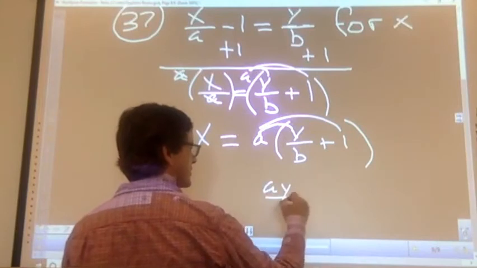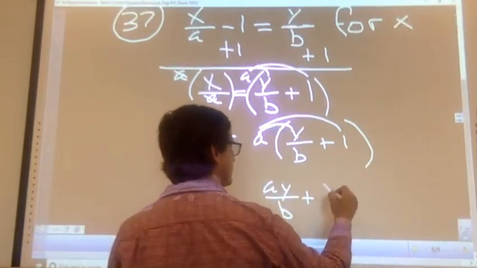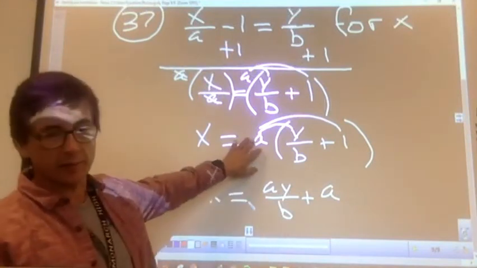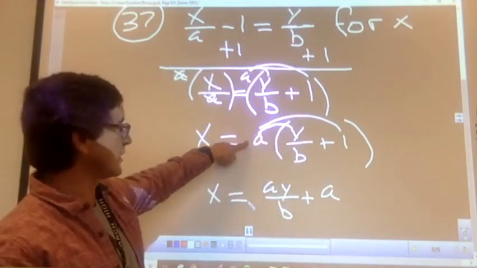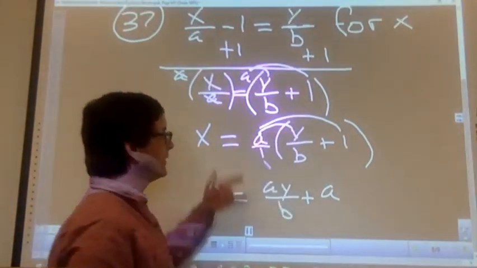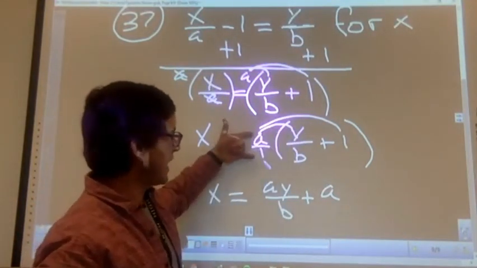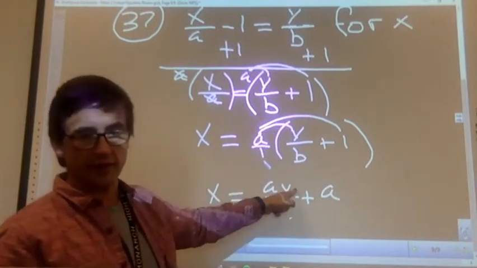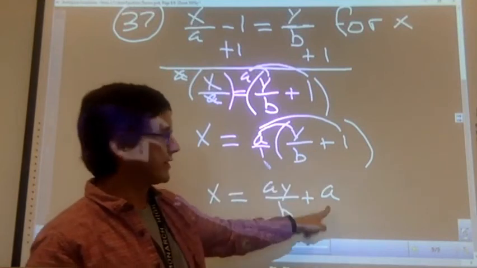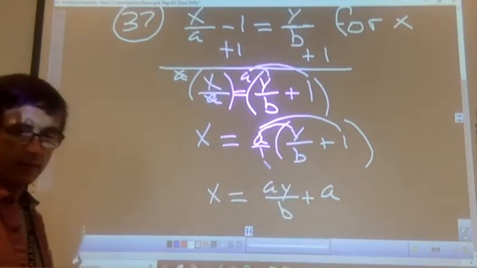So it would look like this. When you multiply a fraction times this letter, you only multiply straight across top and bottom, because it's like a times y and 1 times b. So that's why you end up with ay over b. And then a times 1 is just a. No big deal.